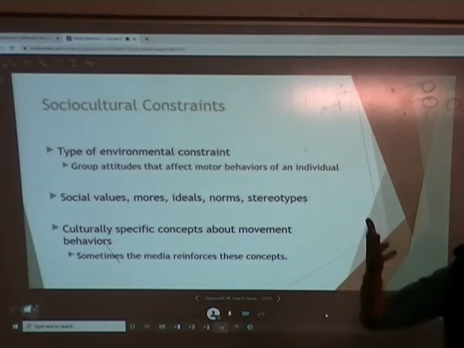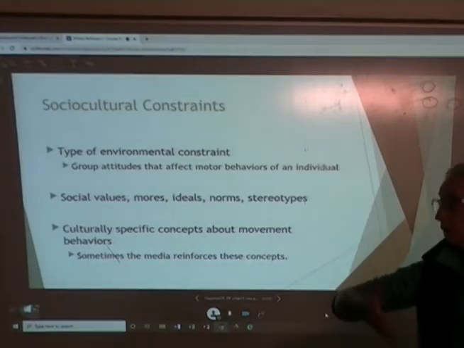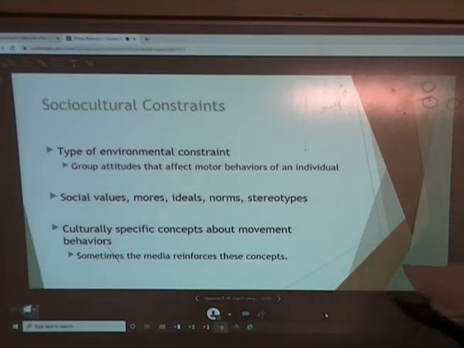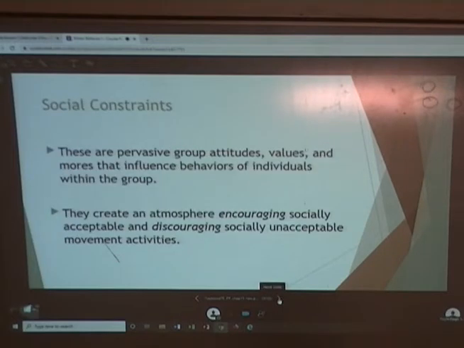Because it's irrelevant to her winning a gold medal at the Olympics, right? So the media can reinforce some of these ideals and concepts that our cultures and our societies teach us. Okay?